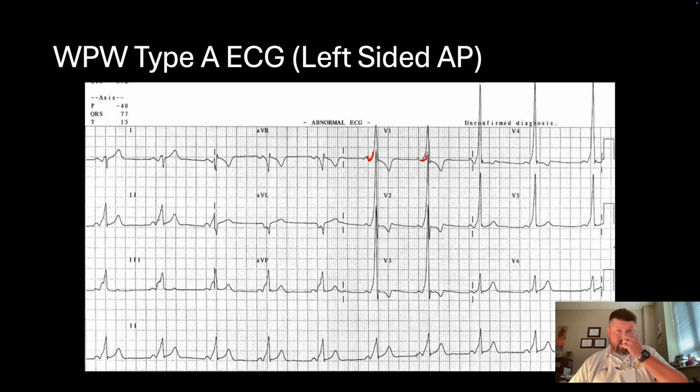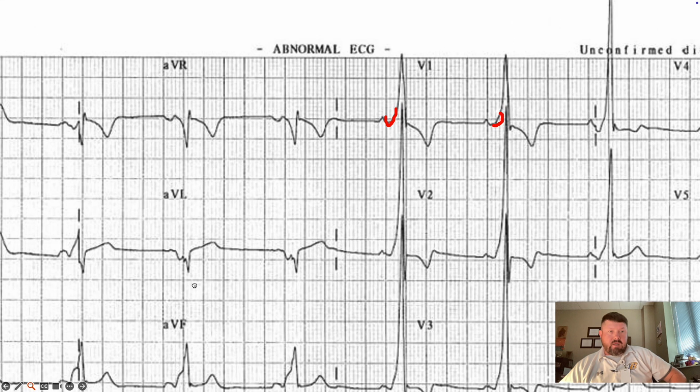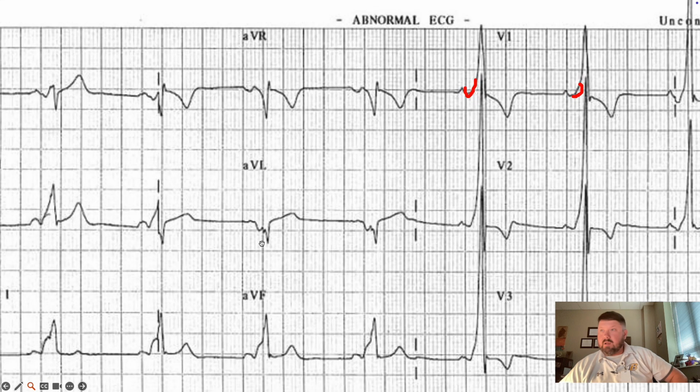When you see tall R waves and inverted T waves, or an RT discordance in V1 through 3, this is due to Wolff-Parkinson-White. Now also notice here in AVL, you've got a negative delta wave. You've got to look really closely, but right in here is where the negative delta wave is.